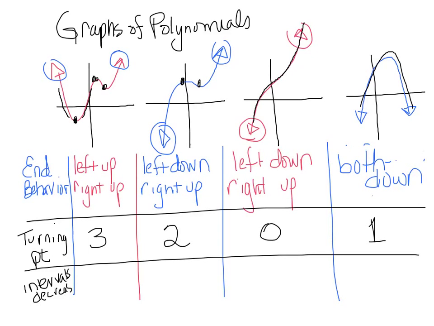So let me fill in a couple of these. So let's say this one's at (-2, -3). And this one here, maybe that's (1, 4). And then we'll call this (2, 3). Alright, so there are some points on that graph. And I'm going to talk about the intervals of decreasing.